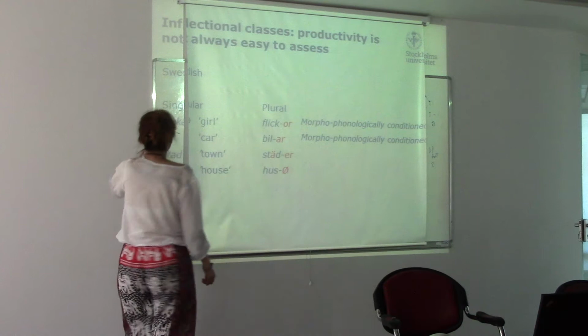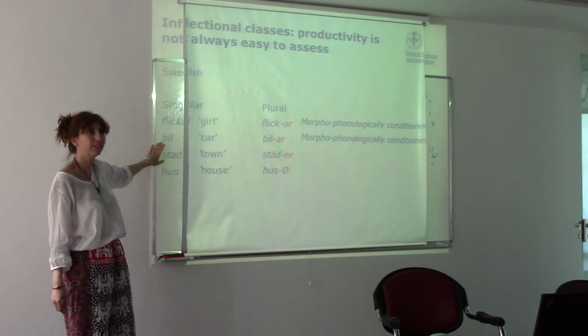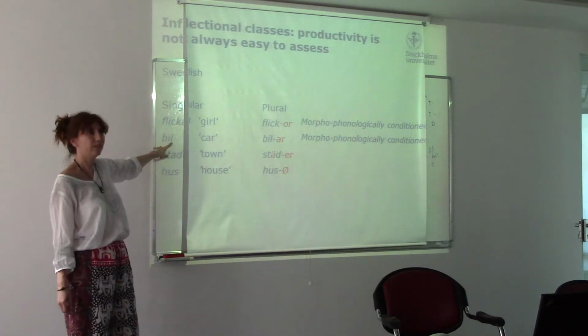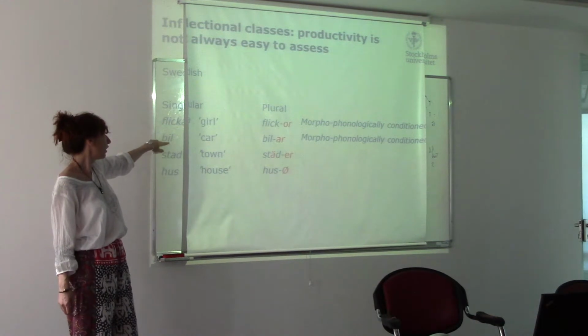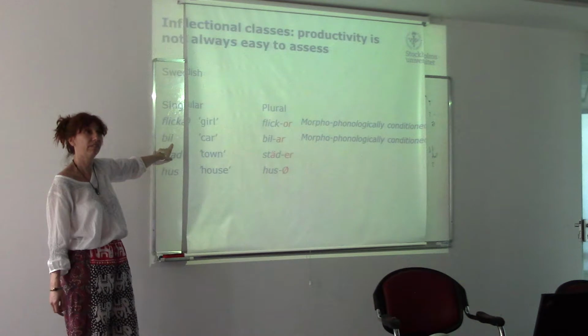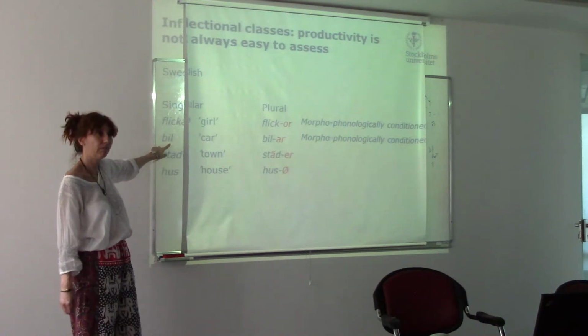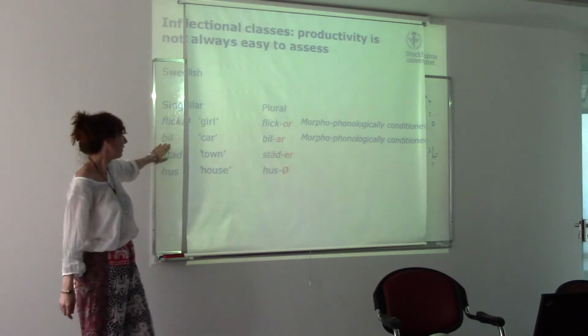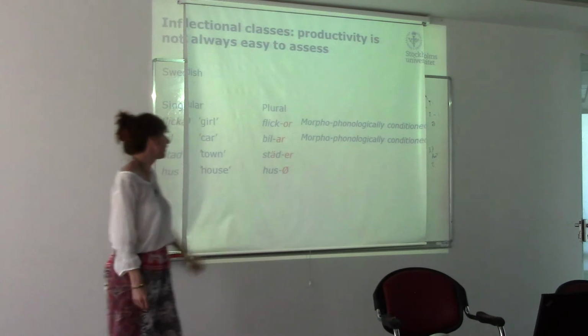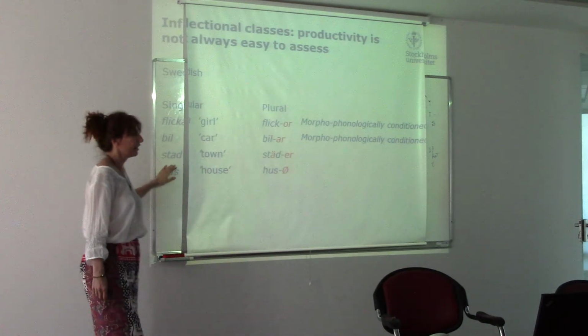You see something monosyllabic and ending in a consonant, and usually the vowel will be long. So when the consonant is not double, so bil, then you will have the R, and it extends.